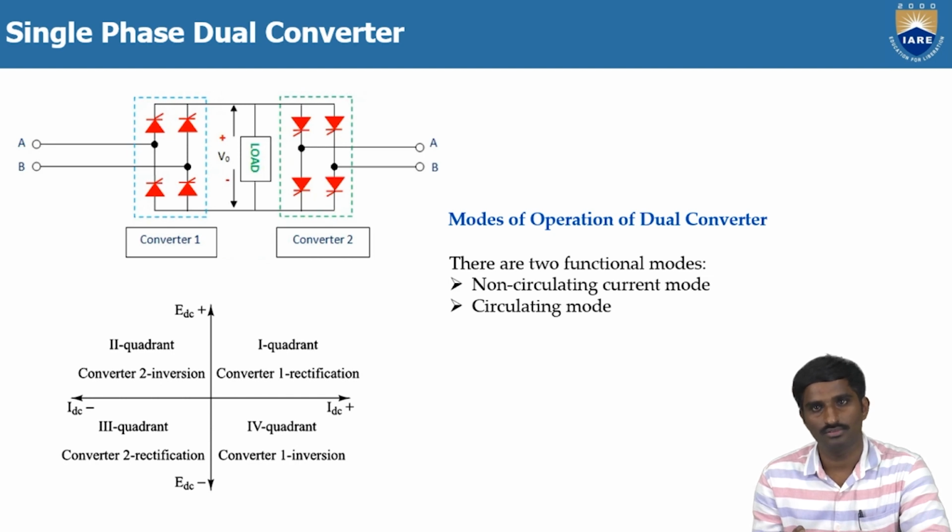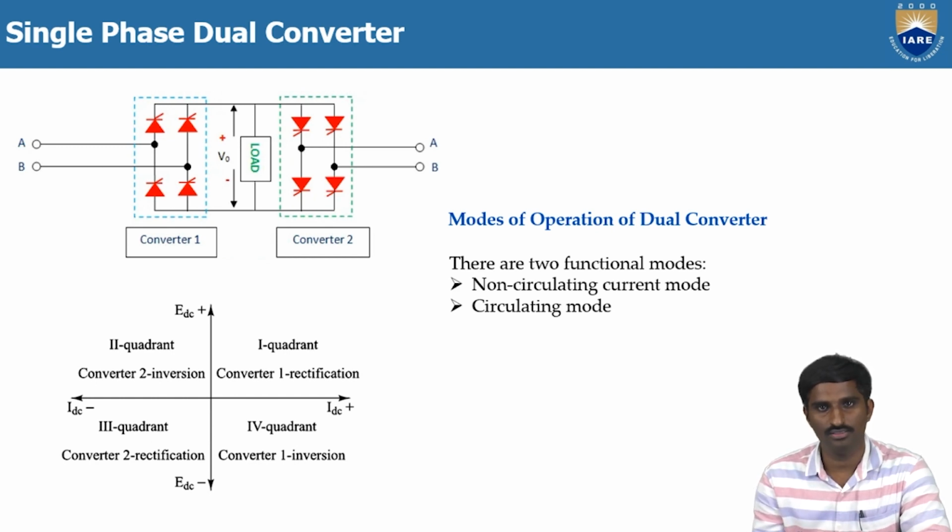With a firing angle from 0 to 90 degrees, it operates in rectification mode, and from 90 to 180 degrees, the same full bridge converter operates in inversion mode. In rectification mode the source supplies the load, and in inversion operation, when alpha is 90 to 180 degrees, the load supplies the source.